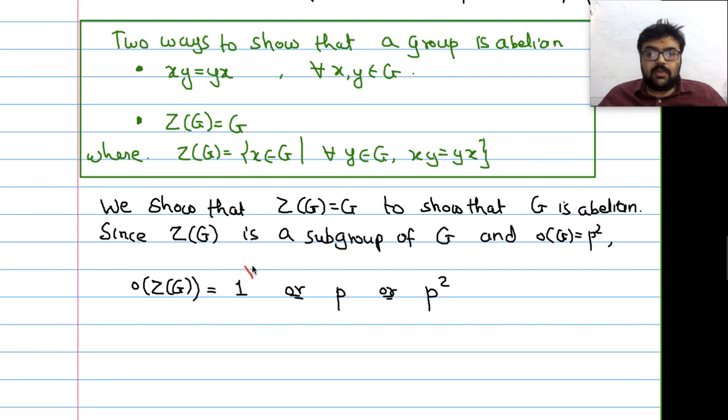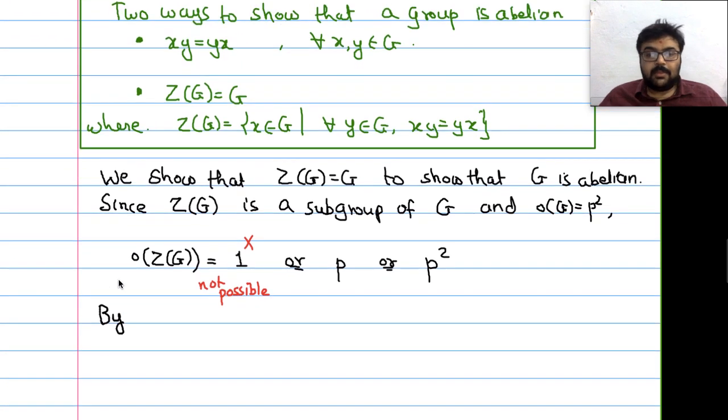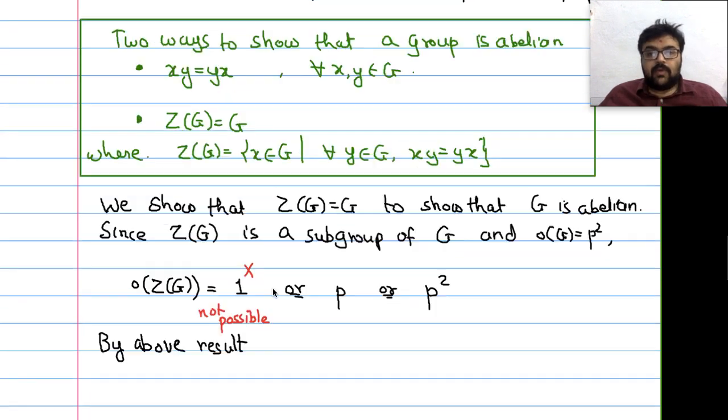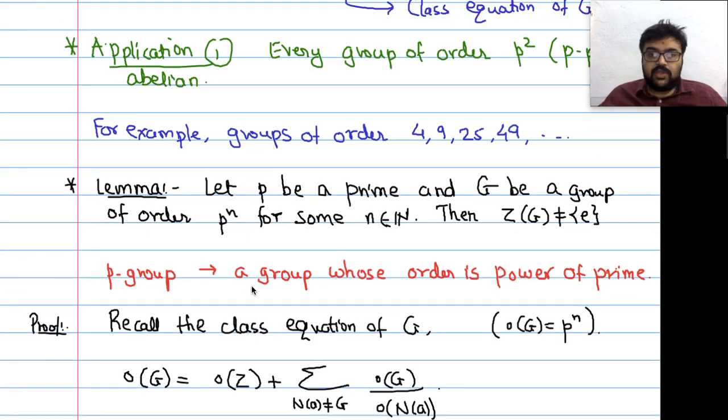But 1 is not possible. Why is it not possible? By the above result, what we have just seen is that if G is a p-group, a group of order p to the n, then the center is non-trivial. The center does not have order 1.